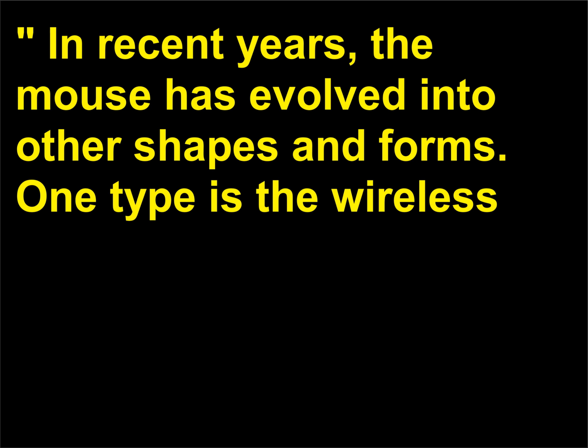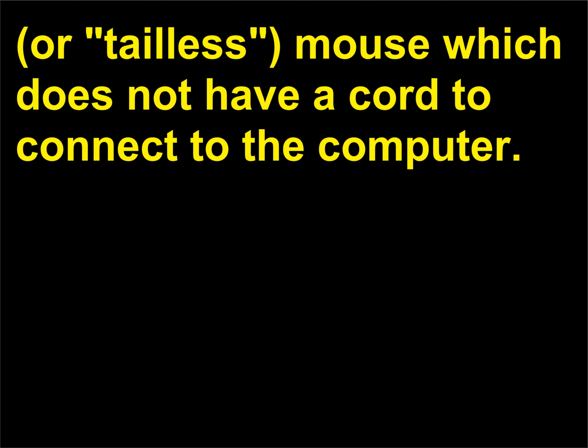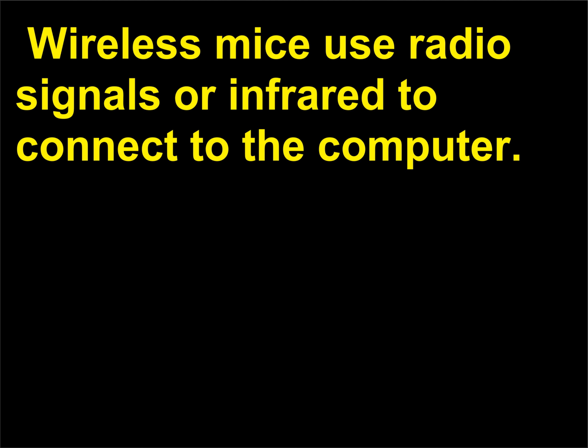In recent years, the mouse has evolved into other shapes and forms. One type is the wireless or tailless mouse, which does not have a cord to connect to the computer. Wireless mice use radio signals or infrared to connect to the computer.